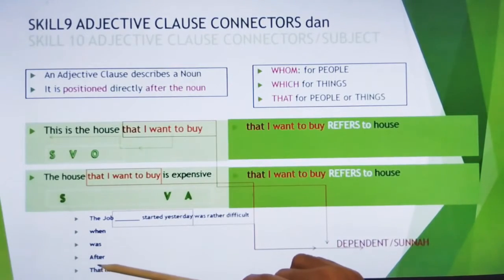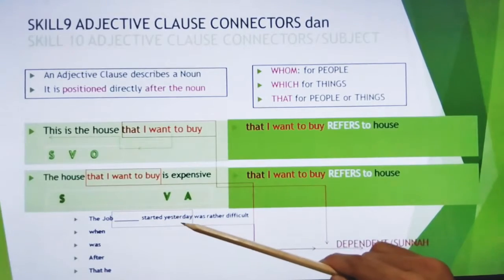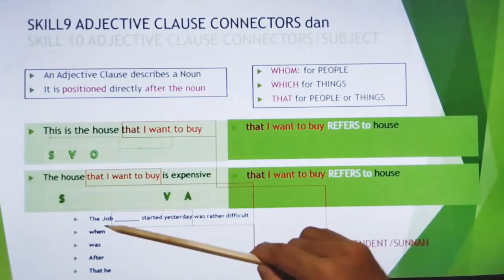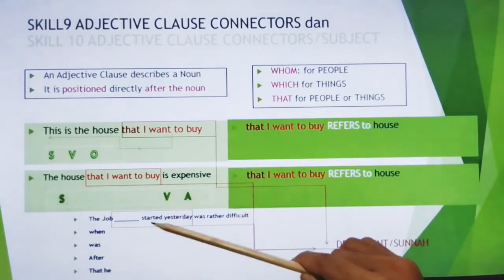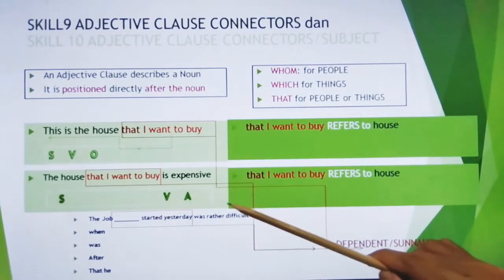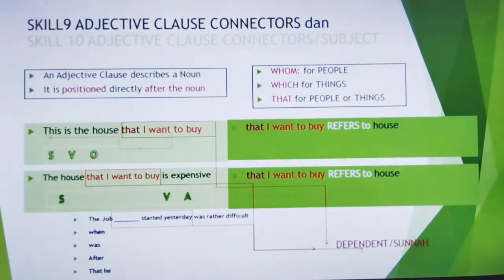How could we do the analysis? The job that he started yesterday was rather difficult. Pekerjaan yang dia mulai kemarin sangat susah, sedikit susah.